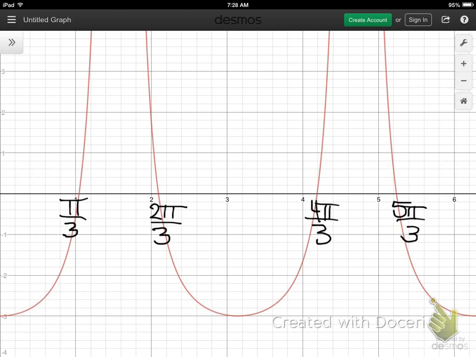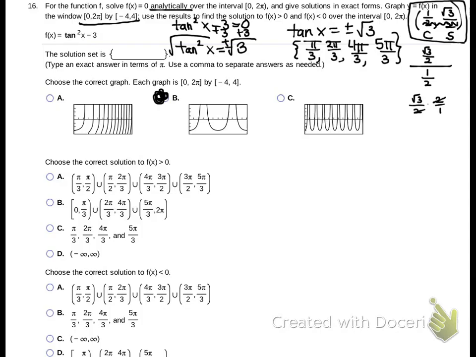Those are the zeros. Desmos will not give you that, so that's why you had to solve analytically. Now, for the solution set, here was my answer. That goes there. Part B, got the graph.